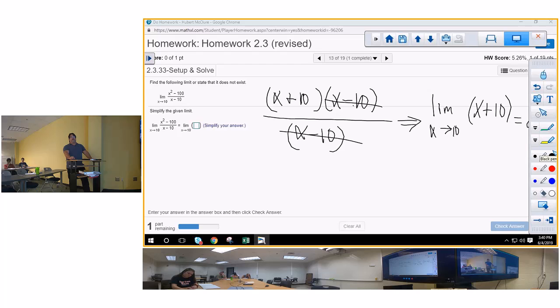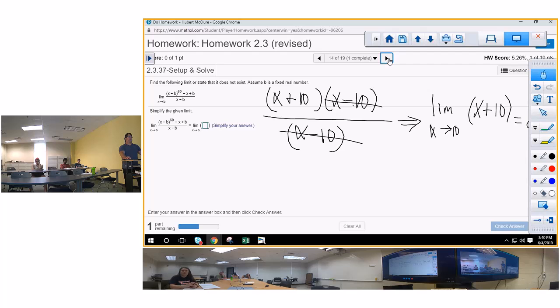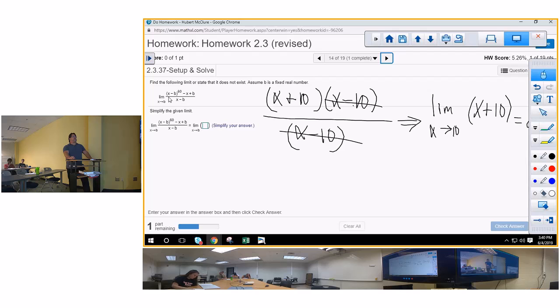Next, let's do one more that's a decent one. Let me tell you what to do on this one. What's x minus b over x minus b? x minus b to the 60th over x minus b. It's going to be x minus b to the 59th power. That's not a hard problem. It's not a test question, but it's not a hard problem.